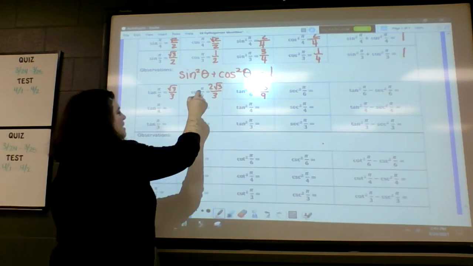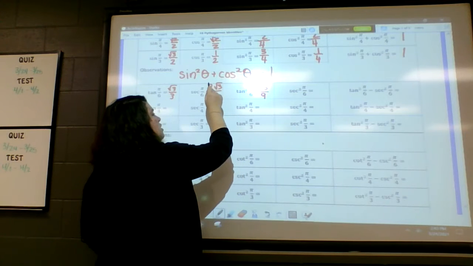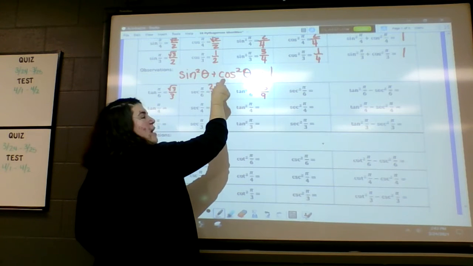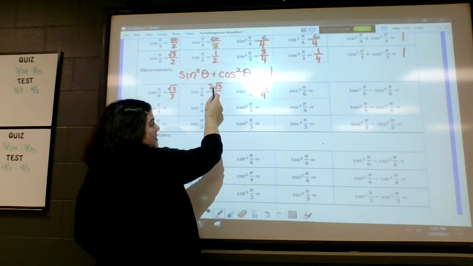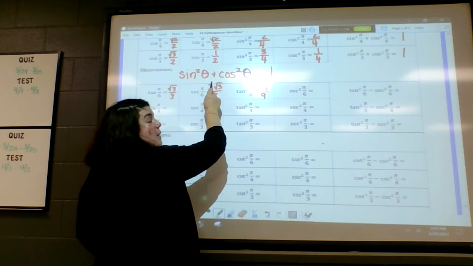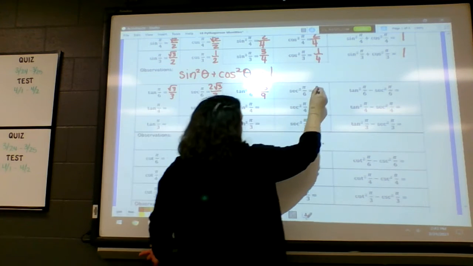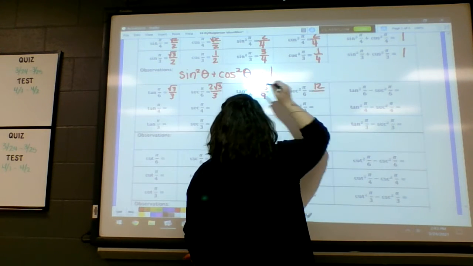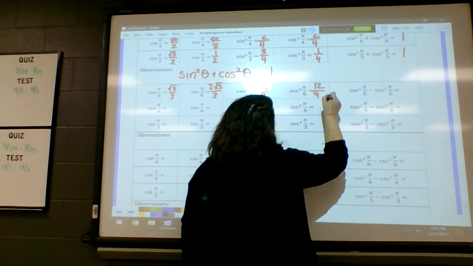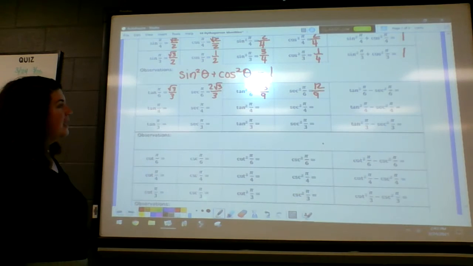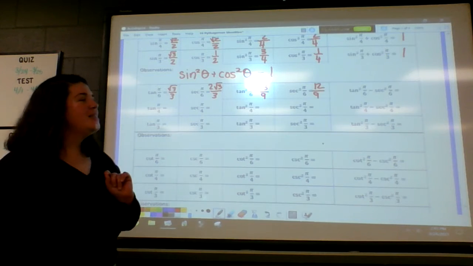And then here, this is a little bit more complicated, right? 2 square root of 3, if you square that, square both of them and then multiply, because technically they're being multiplied together. So 2 squared is 4. The square root of 3 squared is just 3. And 4 times 3 is 12. And then the denominator, if you square that, you'll have 12 over 9. And then we switched it up just a little bit.